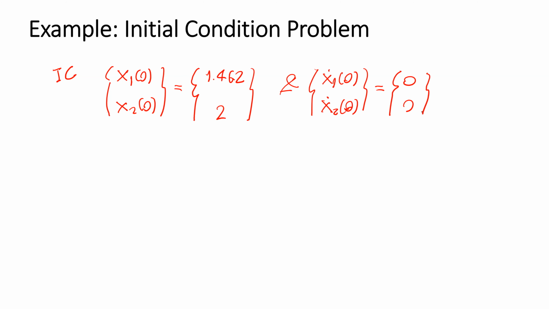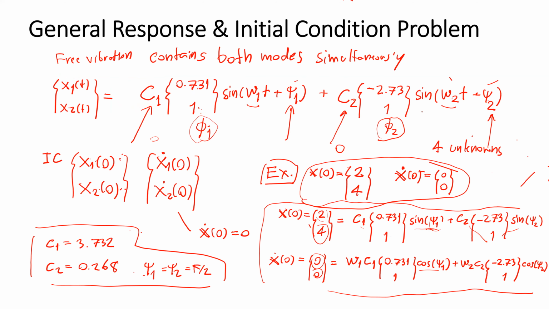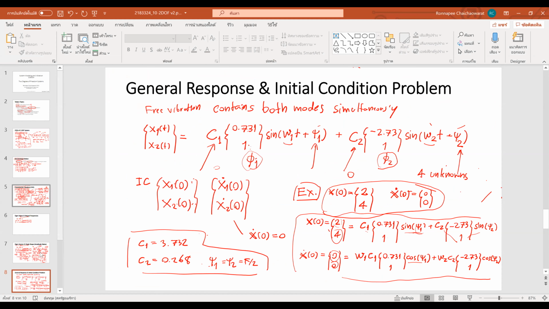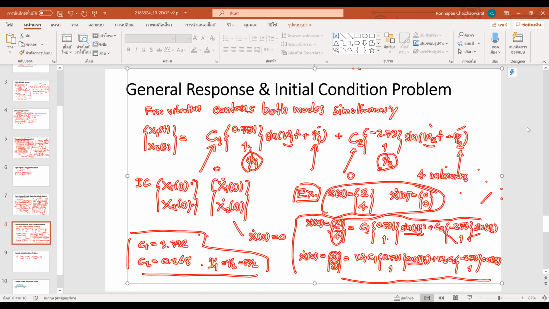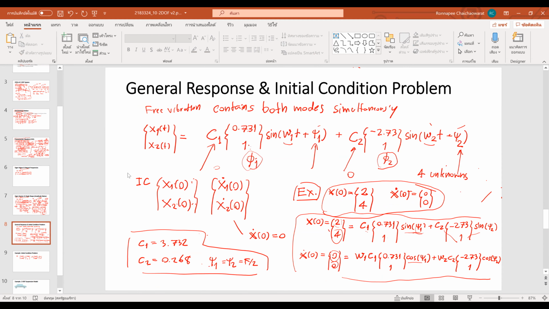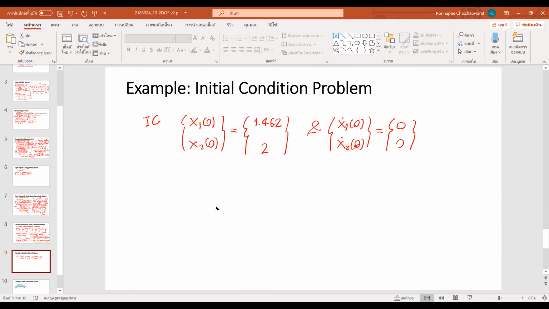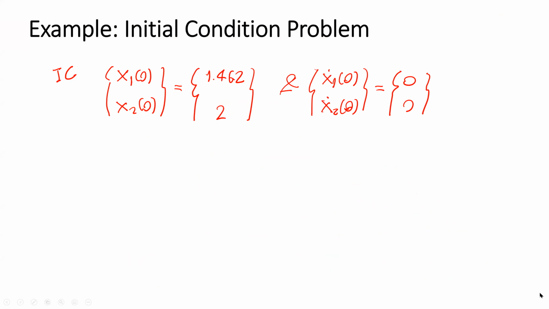Okay? We have the complicated equation here. Wow, I cannot copy, but in the exam problem, we will give this kind of initial condition.